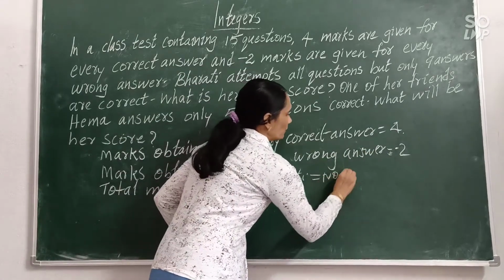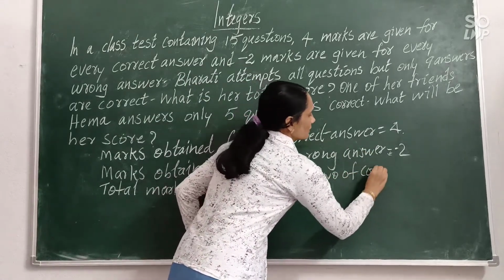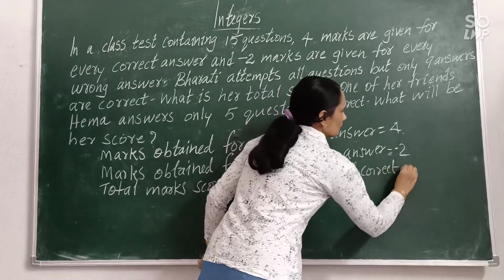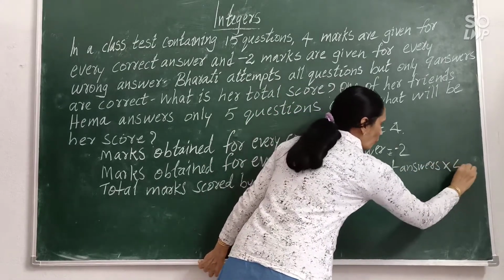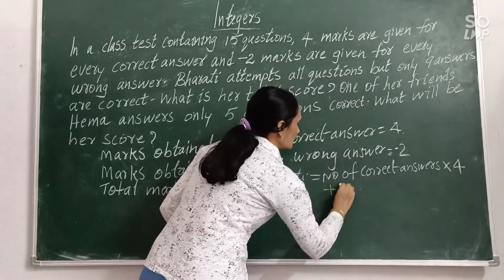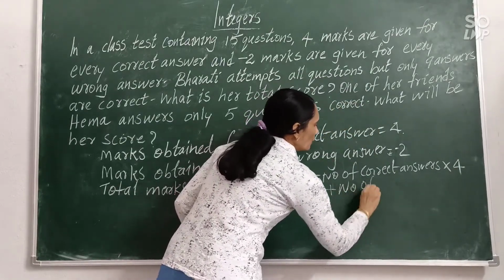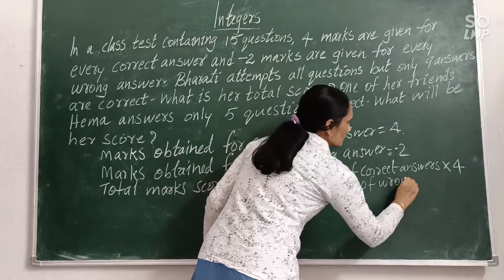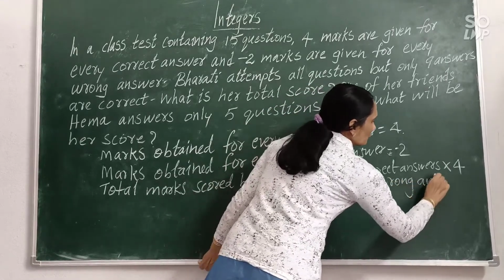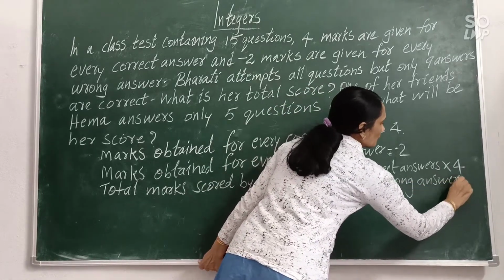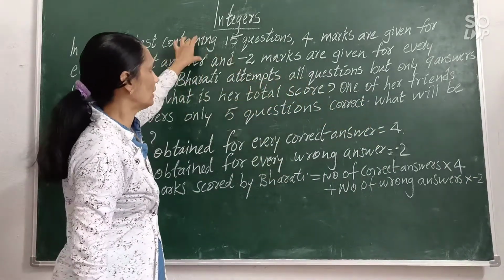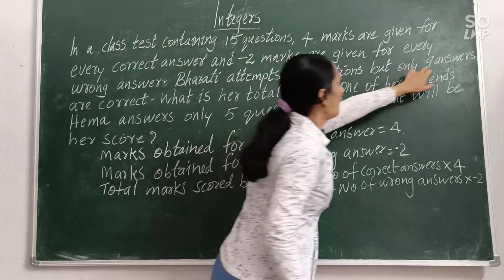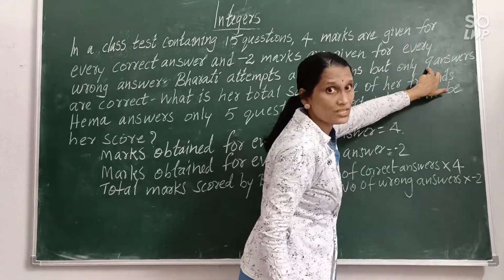Number of correct answers into 4 plus number of wrong answers into -2. Okay, let us see total number of questions, 15. Out of 15, she got 9 questions right.